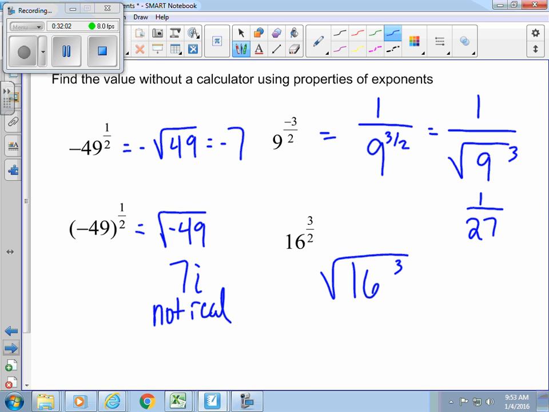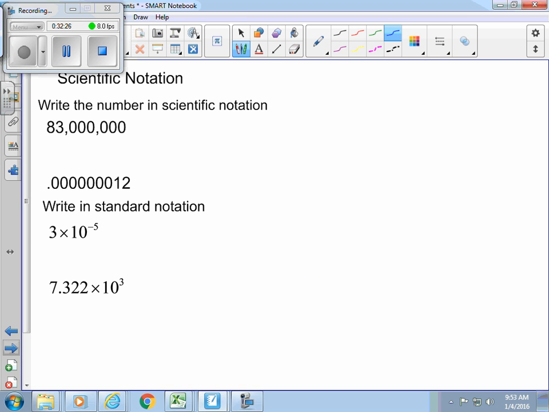You might have to write that down. Then that would be a cube root squared. It's not horrible.